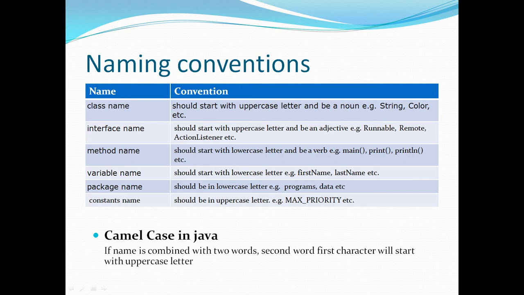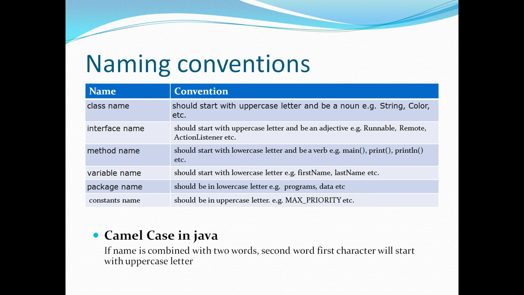There is a concept called camel casing: if a name is combined with two words, the second word's first character will start with an uppercase letter, as I have already told you for variable names. So these are the naming conventions, and you should write your own variables and data types, assign some values, and try to run the program.